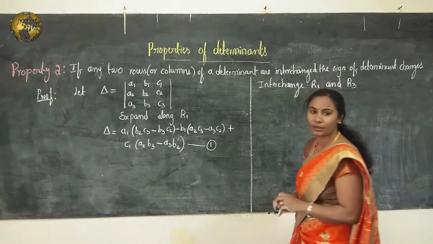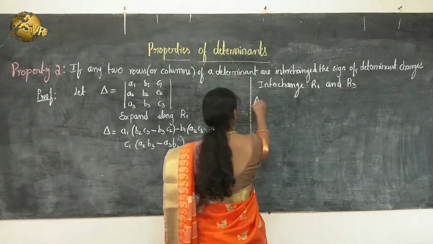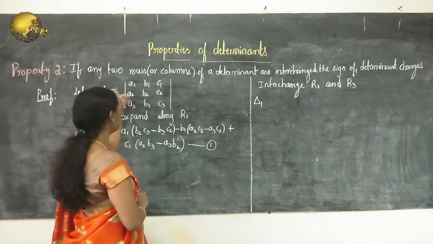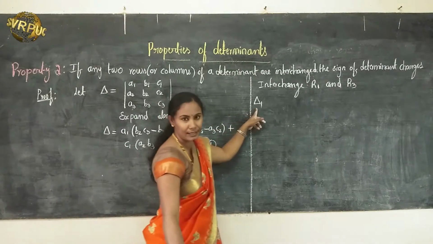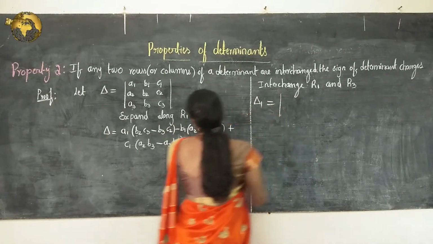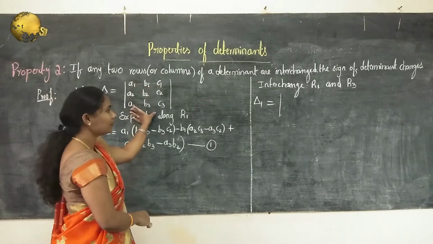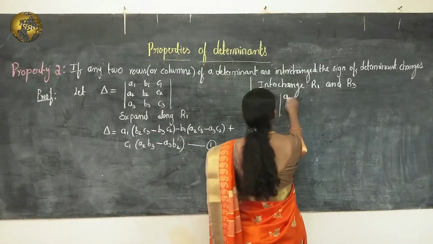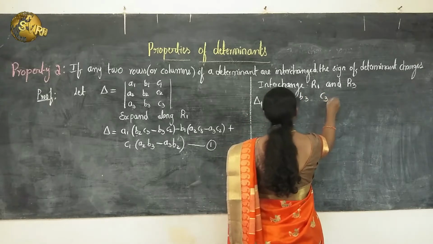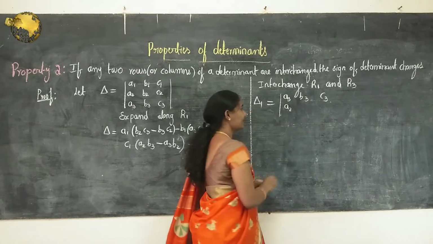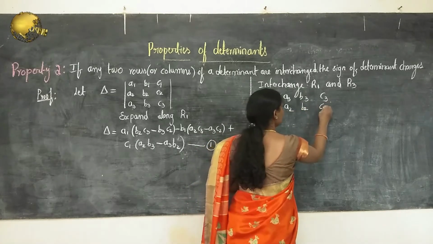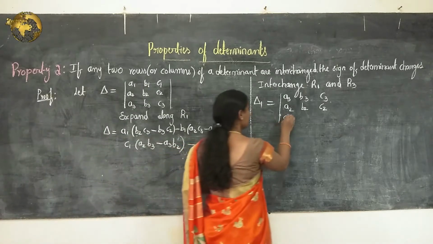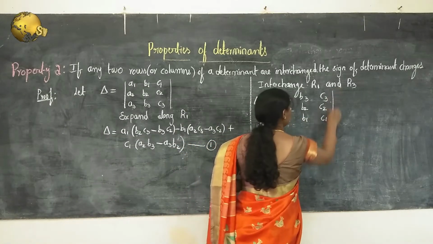I'll interchange row 1 and row 3. Whatever determinant we get after changing row 1 and row 3, I'll take that as delta 1. So the first row becomes the third row, and the third row becomes the first row. So here A3 B3 C3, the second row stays as it is, A2 B2 C2, and the third row is A1 B1 C1.